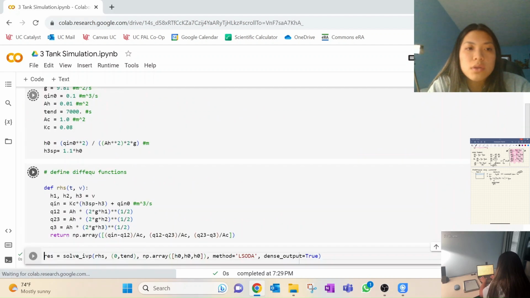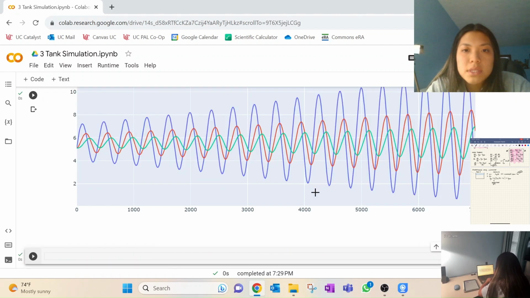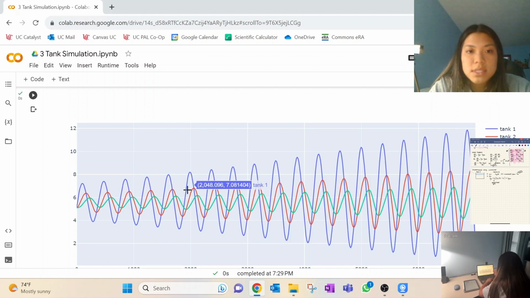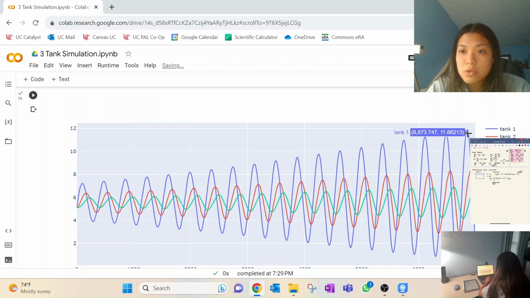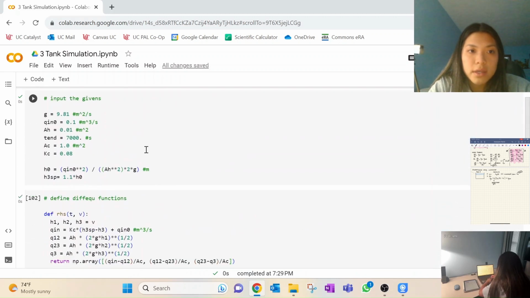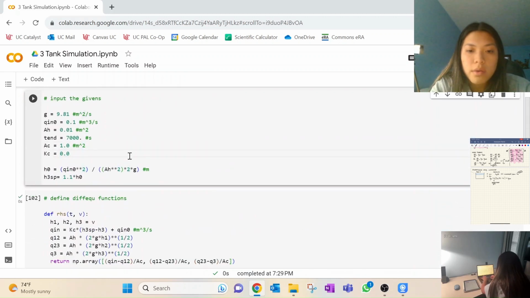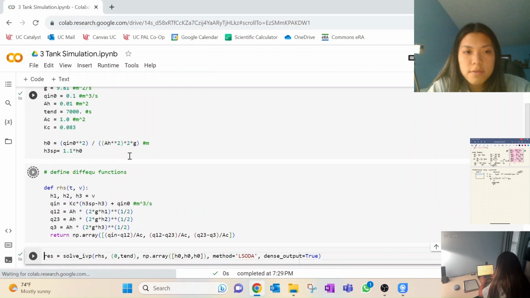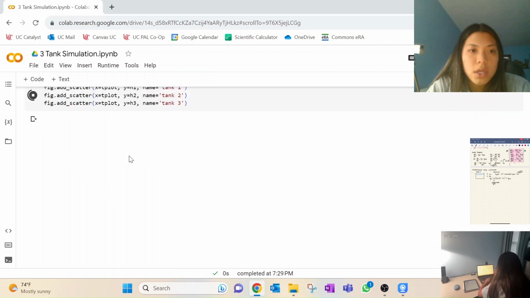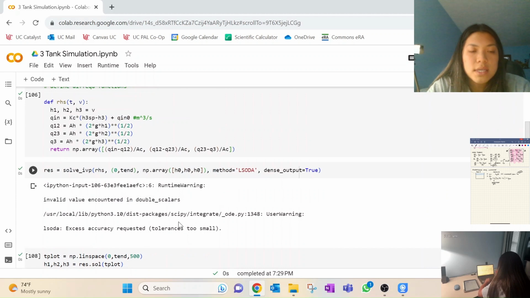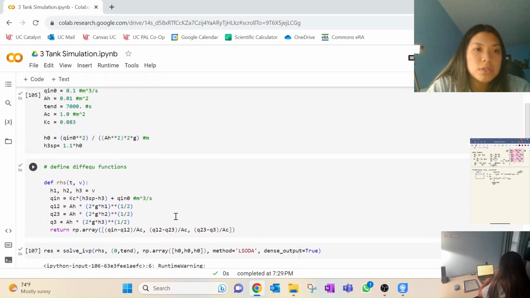But the difference is if we go to 0.08, it's the opposite. It oscillates so much that eventually these values go to basically infinity. So if I increase the controller gain even more, let's see, yeah, here it says that it can't calculate it because it's going to infinity.